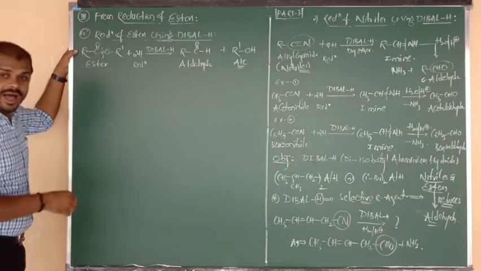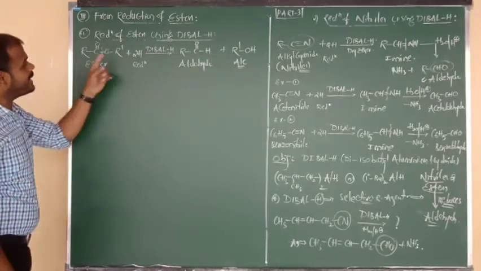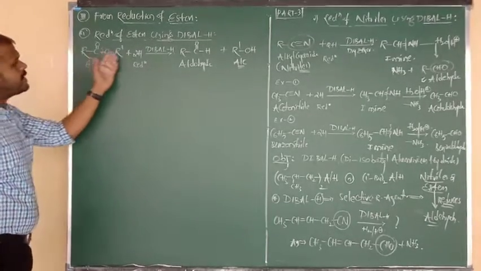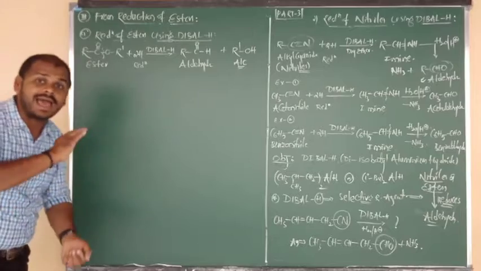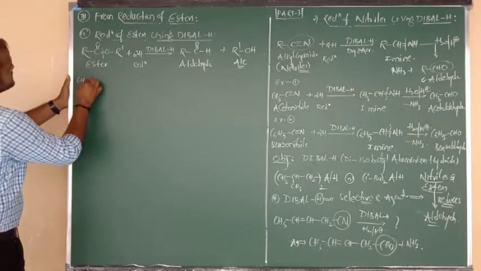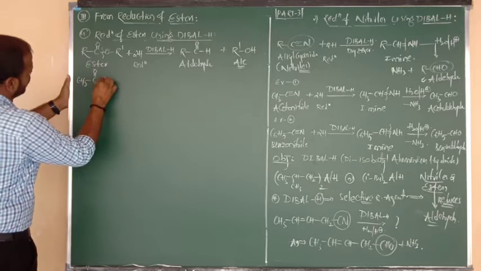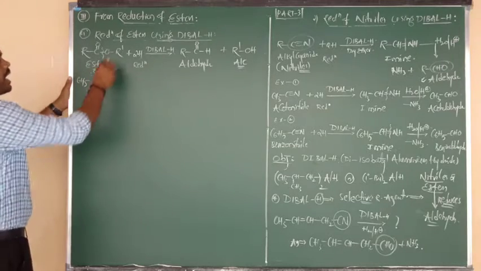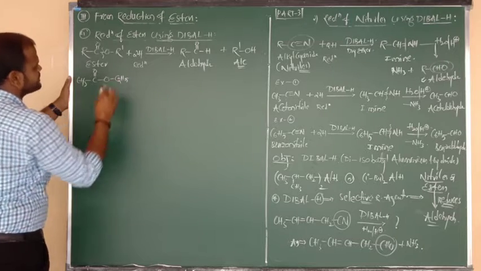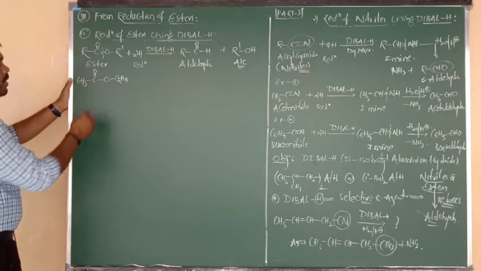Example number 1. Here in the place of R, I want to write CH3. Here in the place of R prime, I want to write C2H5. Here methyl, here ethyl; you can interchange as you wish. So example number 1: CH3 bonded to C double bond O bonded to O, and the alkyl group C2H5. What is the name of this compound?